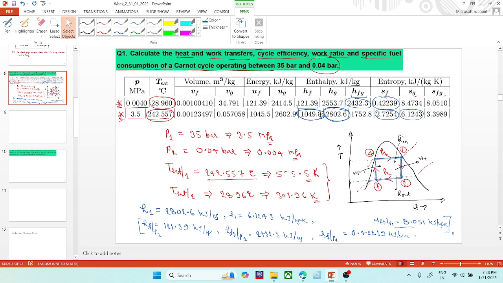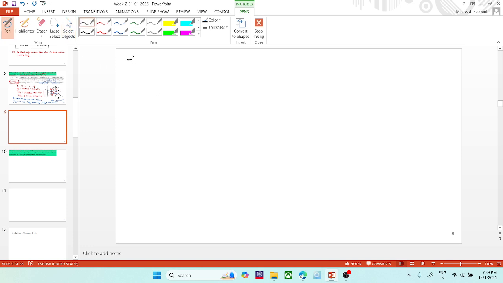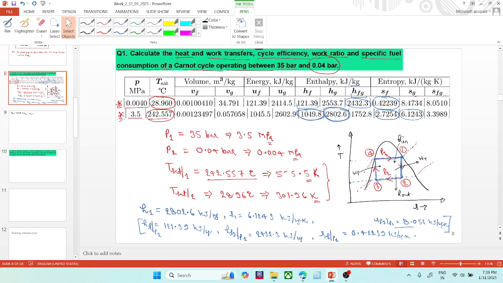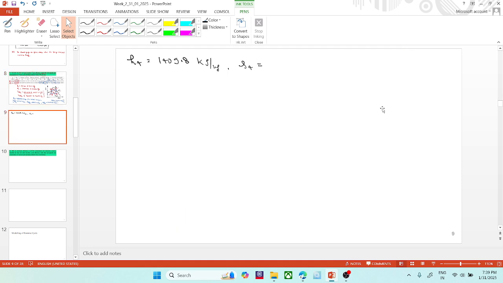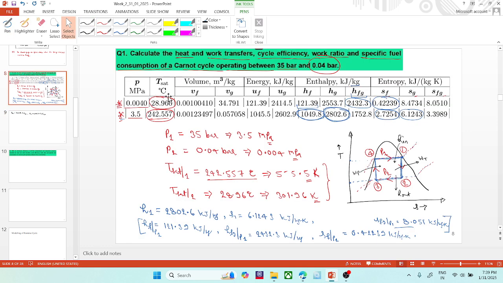H4 is 1409.8 kilojoule per kg, and S4 is 2.7254 kilojoule per kg Kelvin.